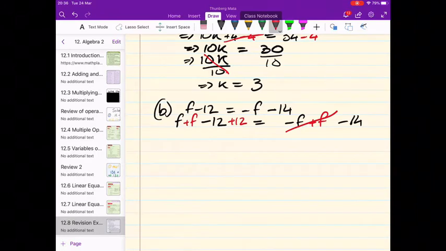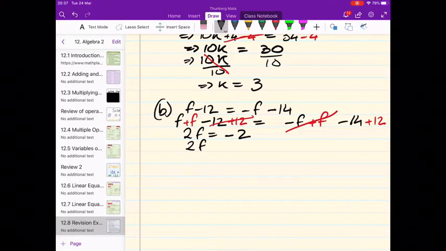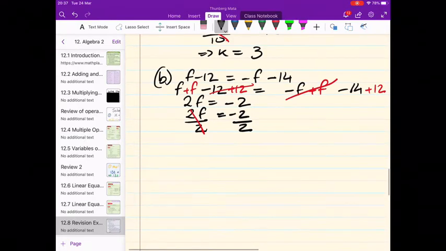We have a negative 12 on the left-hand side of the equals, so I'll have to add 12 to make it cancel out, but to do that, I'll have to add 12 to the other side of the equation. Then I'm left with f plus f is 2f, is equal to minus 14 plus 12, which is minus 2. So 2f divided by 2, the 2s will cancel each other out, is equal to minus 2 over 2. And minus 2 divided by 2 is minus 1, so we have f is equal to negative 1.